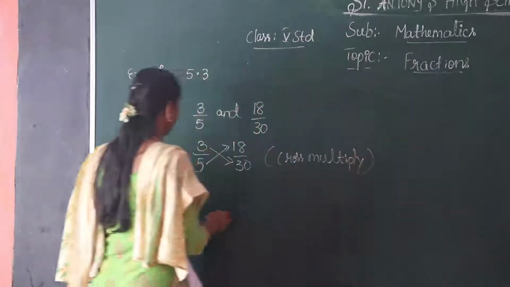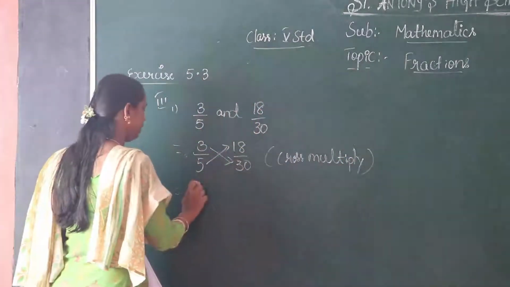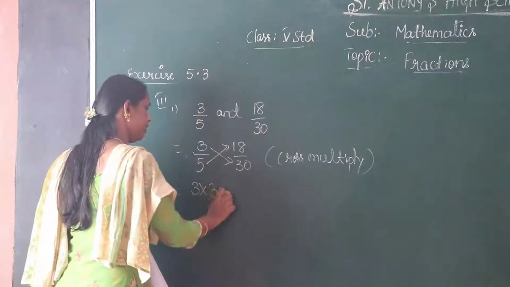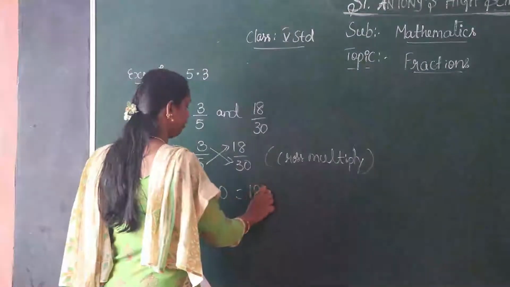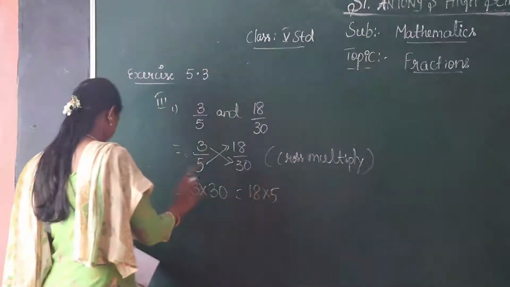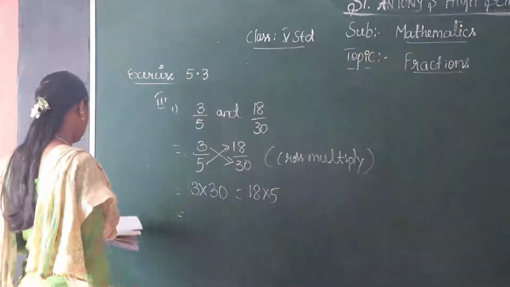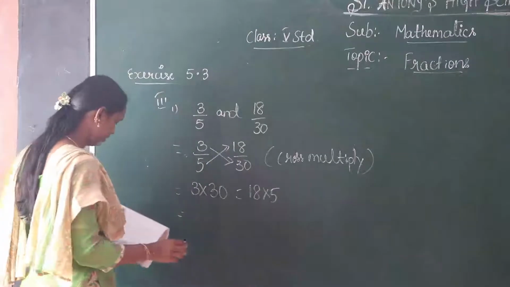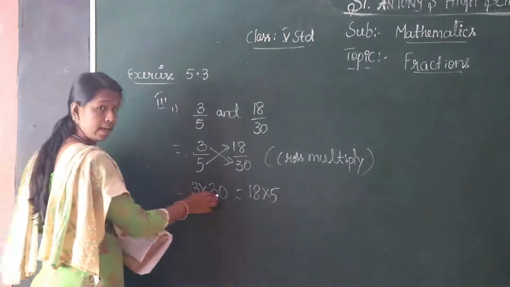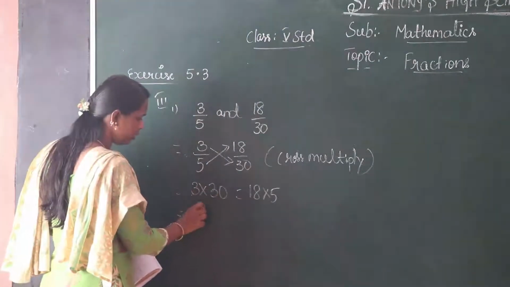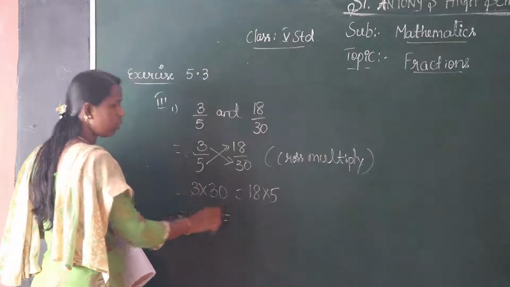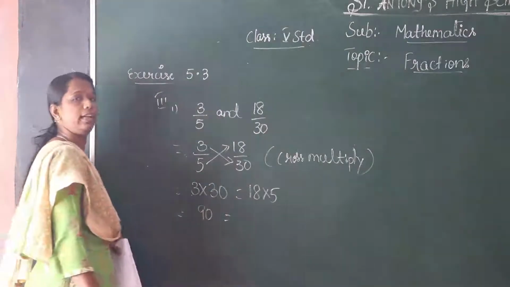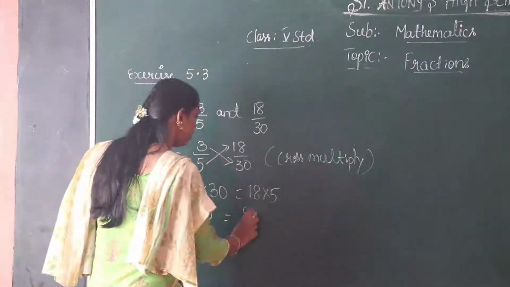Cross multiply. So the answer is 3 into 30 is equal to 18 into 5, or 5 into 18, whichever you write. Observe carefully, children. 3 30's are how much? 90. So 18 5's are how much, children? You know the 18 table. 18 5's are also 90.